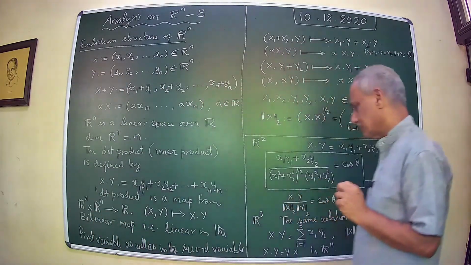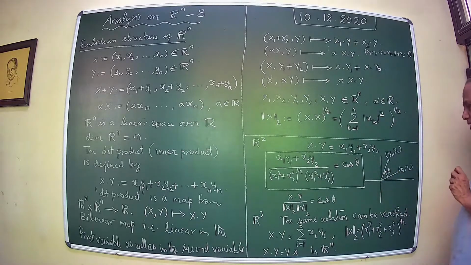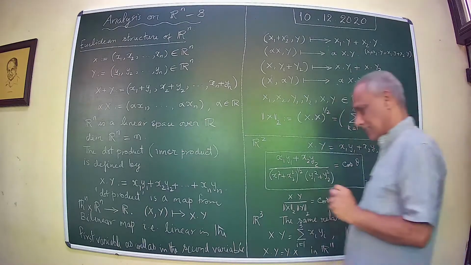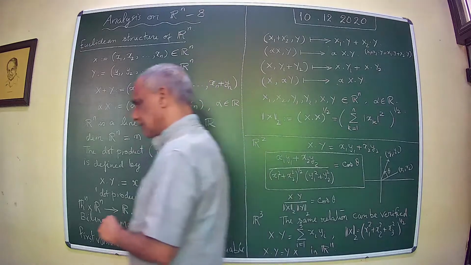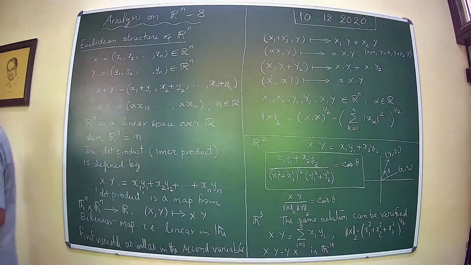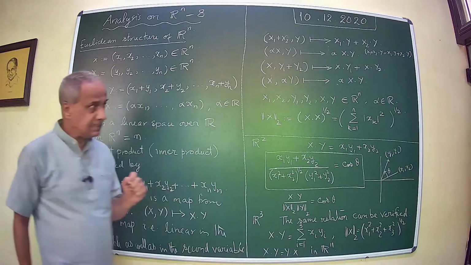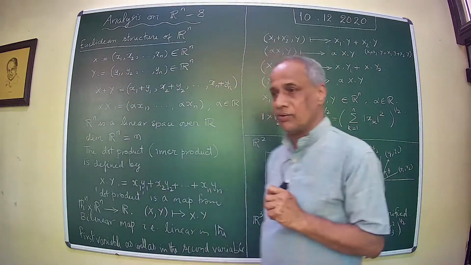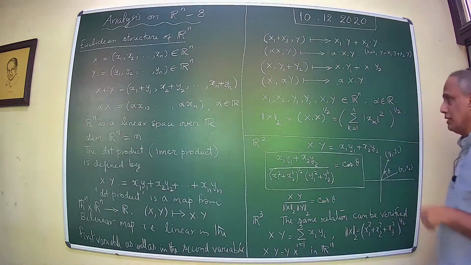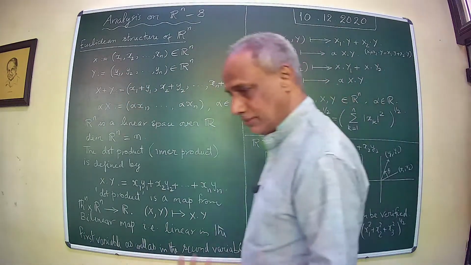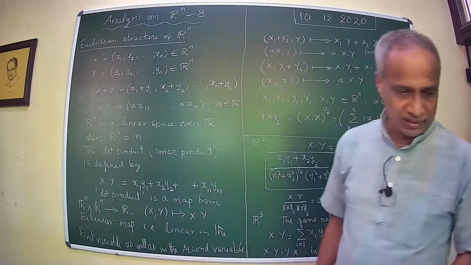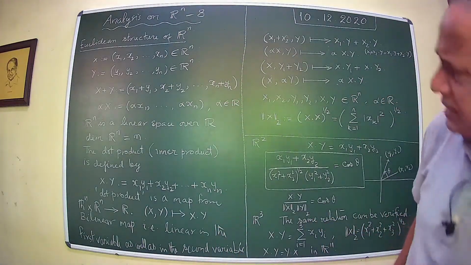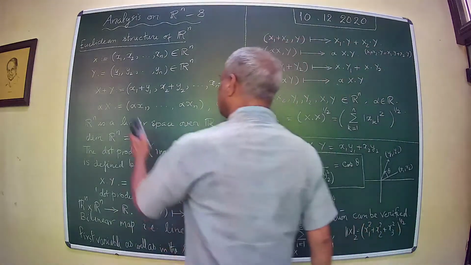And then x dot x is a non-negative real number. x dot x is equal to 0 if and only if x equal to 0, and that's another property that you can define. Okay, so all these properties I listed out.